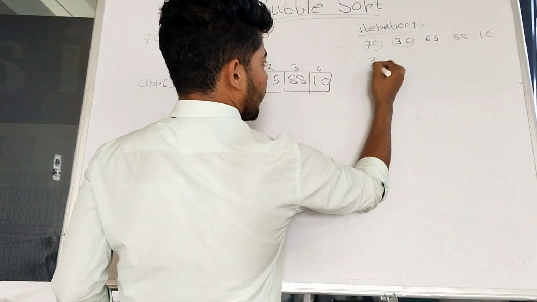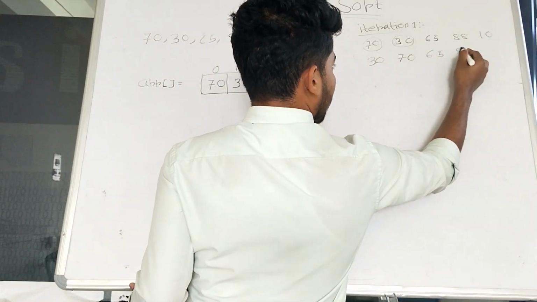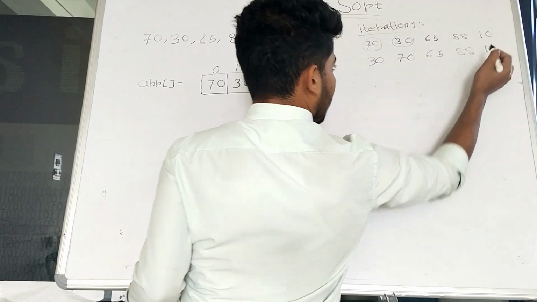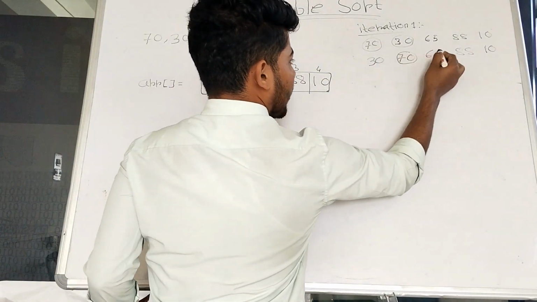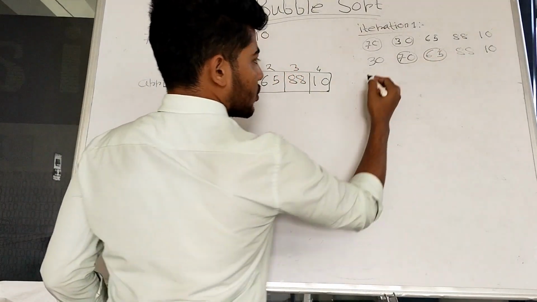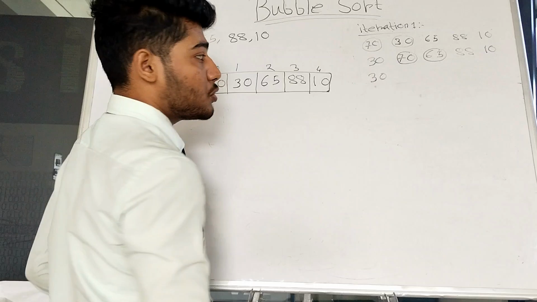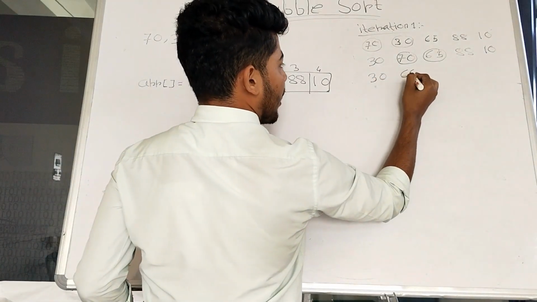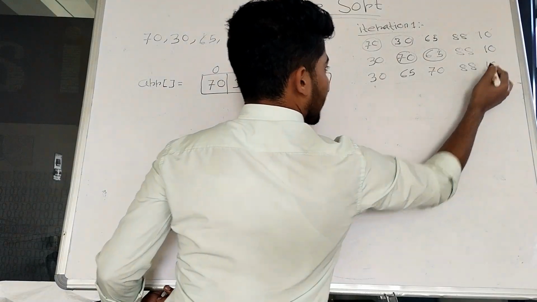So 30 will come first, 70, then 65, then 88, then 10. Next, we will compare ARR 1 with ARR 2. So 30, 65, 70 greater than 65, it's true. So it will interchange. So 65 will come first, then 70, 88 and 10.